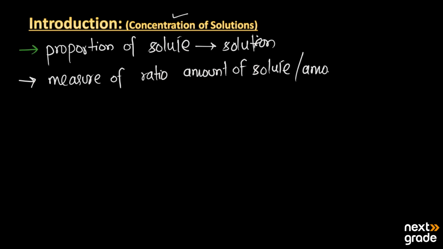So we can define concentration in two ways: simply as the proportion of the solute, or as the ratio of the amount of solute to the amount of solvent. So this is basically called the concentration of the solution.